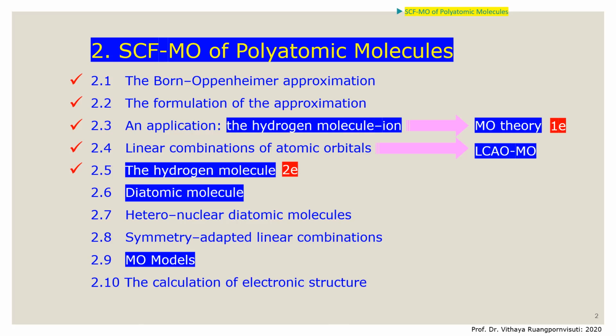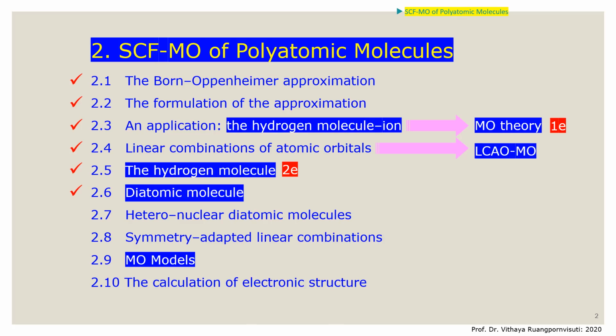The fifth, use the Schrödinger equation to solve the hydrogen molecule ion and bring us to the hydrogen molecule. Therefore, the hydrogen molecule contains 2 electrons. The sixth, diatomic molecules.